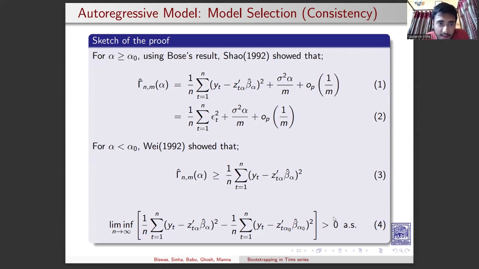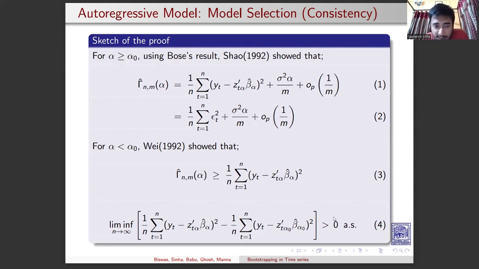For alpha greater than or equal to alpha_0, Shao, using Bose's result, showed that gamma hat_{n,m} can be written in either of these two forms: either as the RSS with respect to beta hat alpha plus sigma squared alpha by m plus some small o_p(1/m) term, or 1 by n summation epsilon_t squared plus sigma squared alpha by m plus some small o_p(1/m) term.